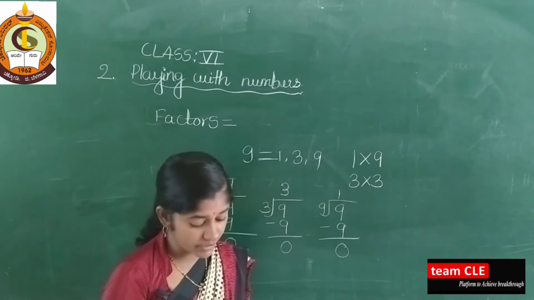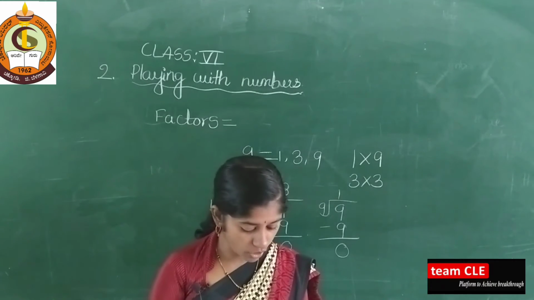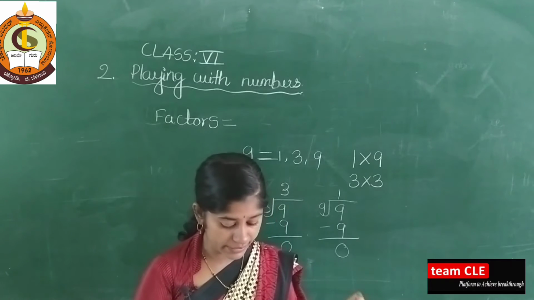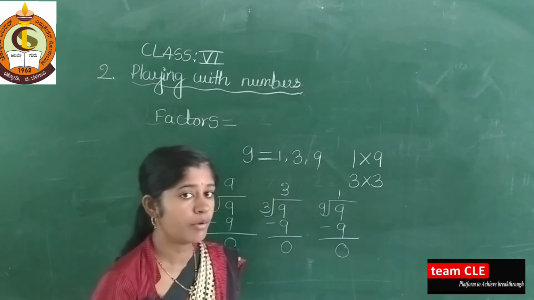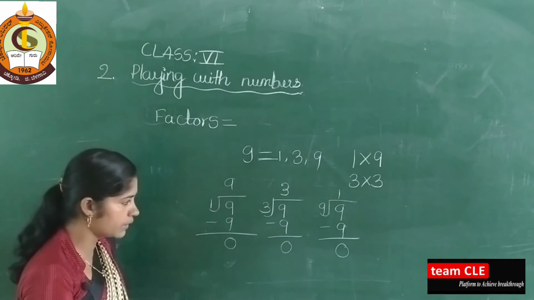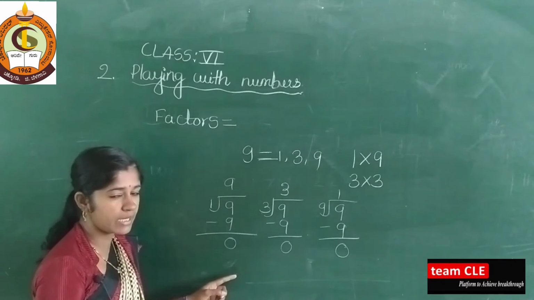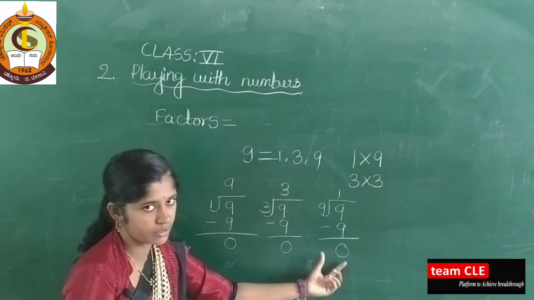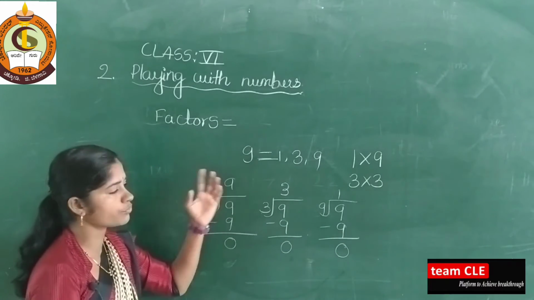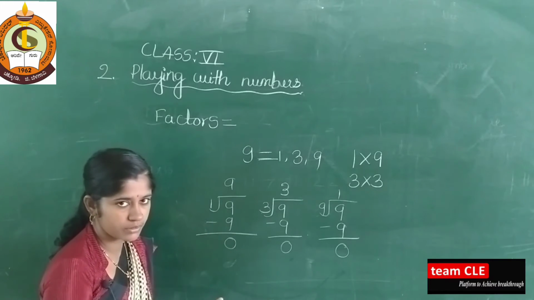Then what are these factors? The factors are all the numbers that divide it exactly without leaving a remainder. Factor means a number which divides the given number exactly without leaving a remainder. They are the factors of the given number. Got it?